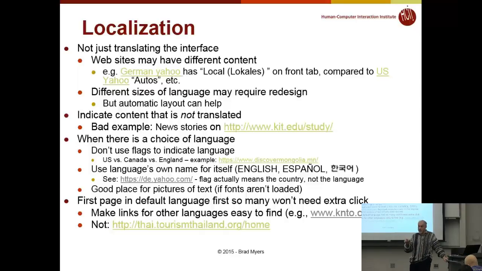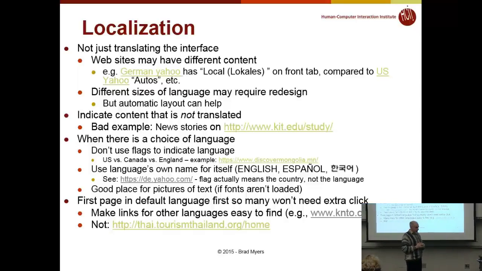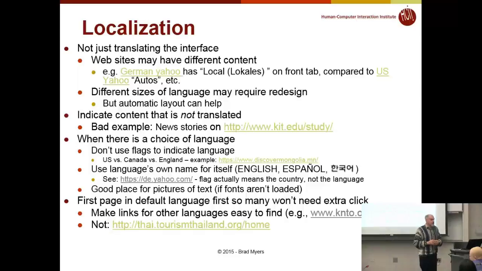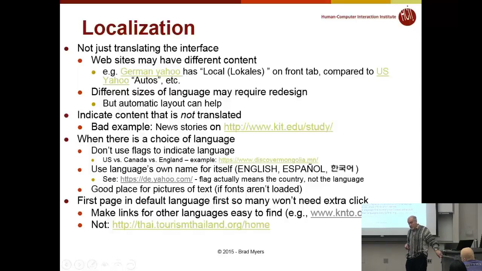So if you said, use a Korean font, write the word Korean, if the user doesn't speak Korean, they might not have a Korean font loaded, and then you'll just end up with boxes or something even more confusing. So there are certain English characters, Roman characters, you can count on all over the world. Other characters, not necessarily. And so using a picture of the text is a good idea.